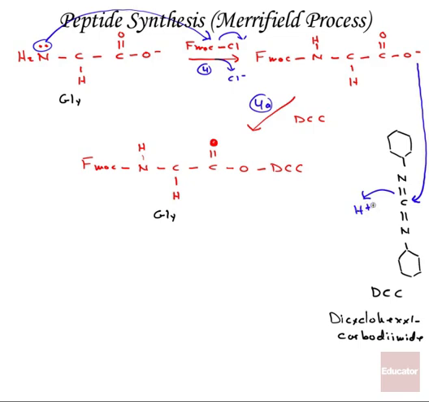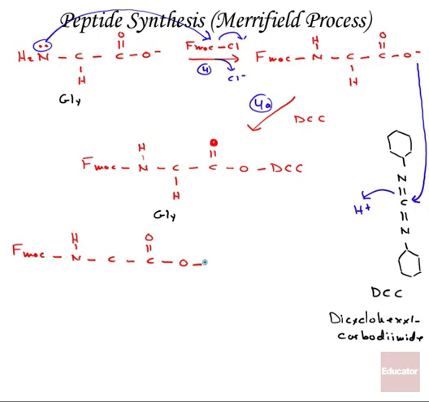And what you end up with, so now I'm going to draw this structure with this thing attached. Let me do it in red, just so you see it. I'm actually just going to be writing FMOC, amino acid, and DCC, but I wanted you to see the picture because, again, this is biochemistry, and it's all about the chemistry, the organic chemistry, the structures. N, C, C, this goes there.